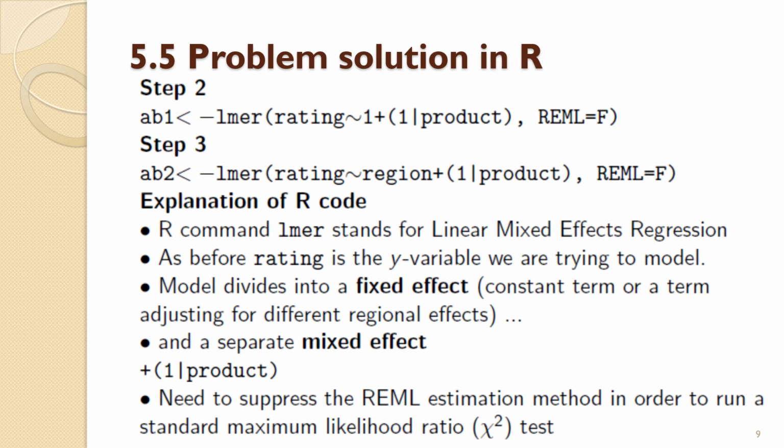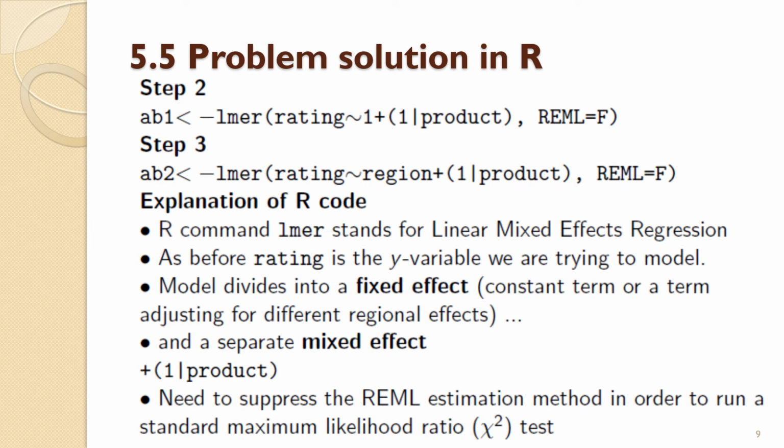In R then, for step 2, just call it something, the linear mixed effects regression, lmer. Rating is related to the fixed effect plus, and then this is the notation for the random effect. What this is saying is that you've got some correlation caused by the fact you've got repeat measurements from the same hotel, and there's just this thing here, which is essentially a bit of R syntax.